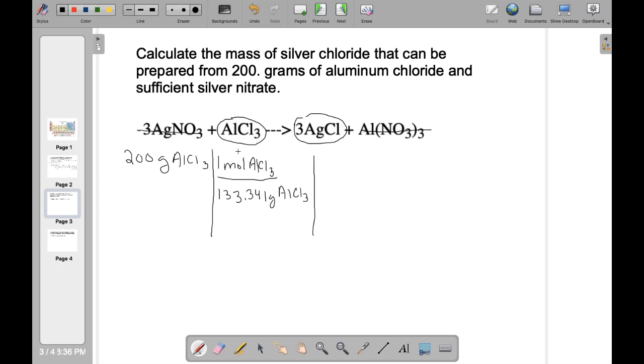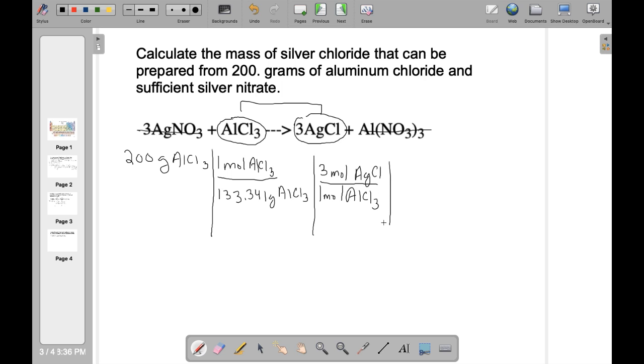Okay, now I want to get a ratio between these two substances. I know if I have 1 mole of aluminum chloride, notice how there's no number here, so that should be a 1. 1 mole of aluminum chloride, I should get 3 moles of silver chloride.